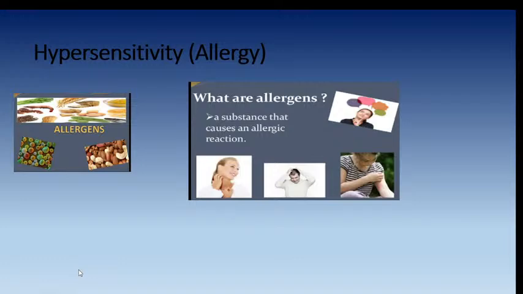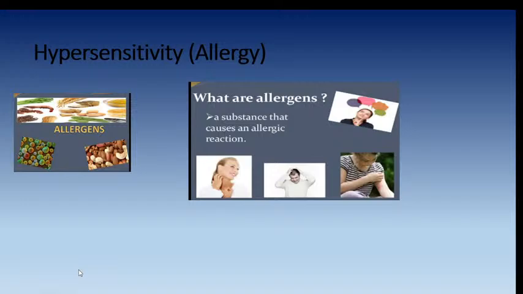In this picture, you can see some examples of allergy, and the substances which cause allergy are called allergens. So allergens are those substances that cause allergic reactions, and allergy is the overactivity of the immune system. Not the normal one, overactivity of the immune system is called hypersensitivity or allergy.